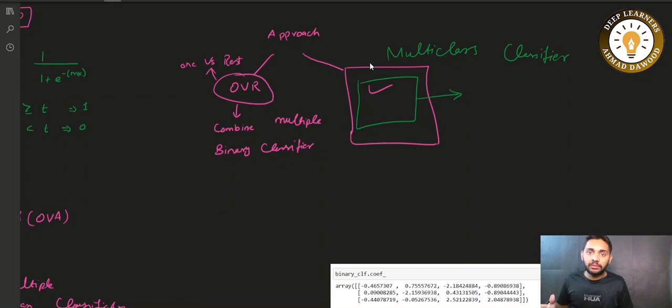Although in the library it is pretty easy, and the library detects by itself whether the problem is binary or multi-class and passes the value accordingly. But for the concept, you cannot directly use a linear classifier to solve the multi-class problem.